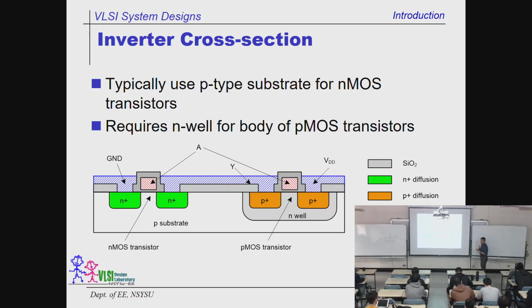So an inverter is composed of one PMOS transistor and one NMOS transistor. Now we have to have an input, and of course an output over here. This is the NMOS transistor, somebody calls it the N device.